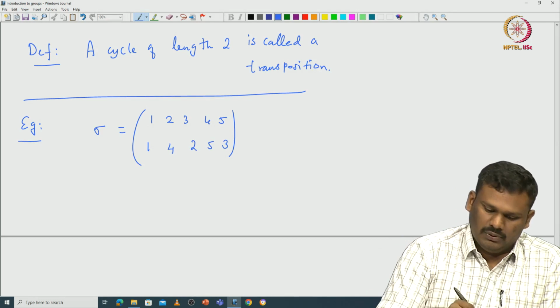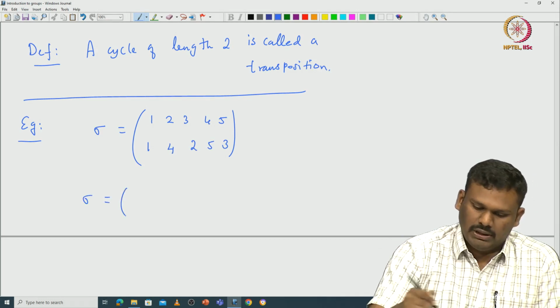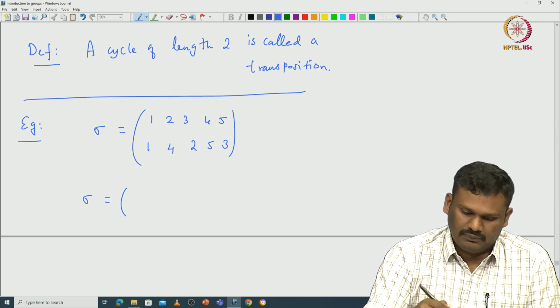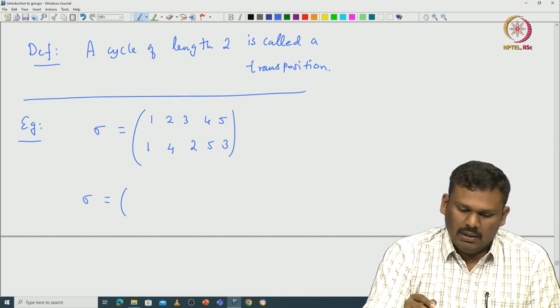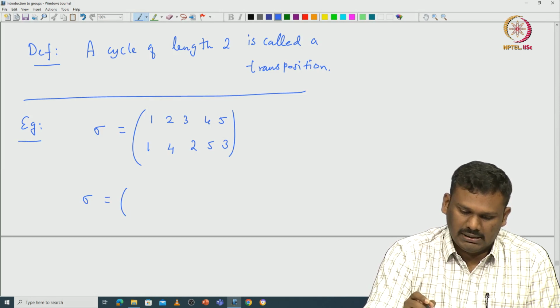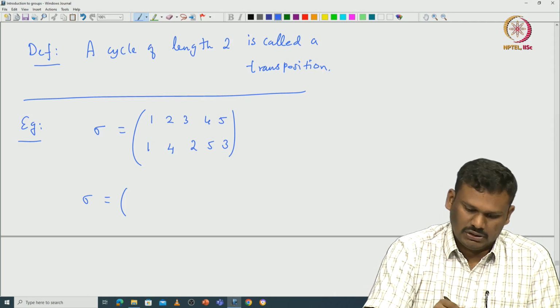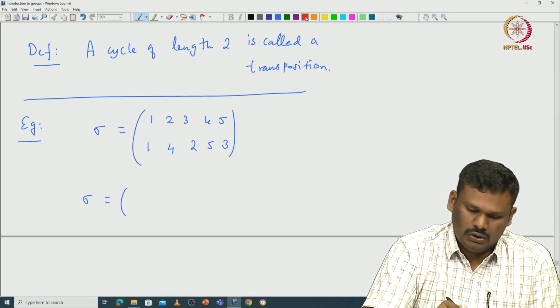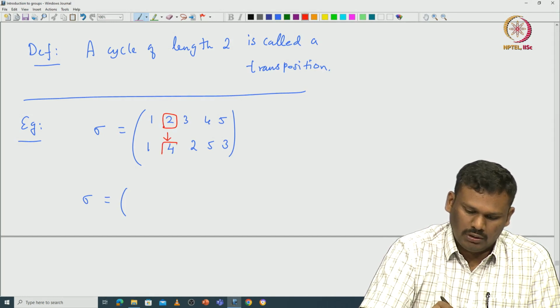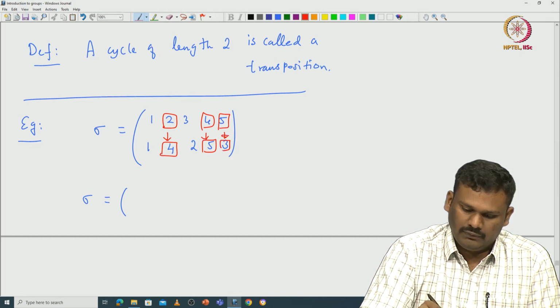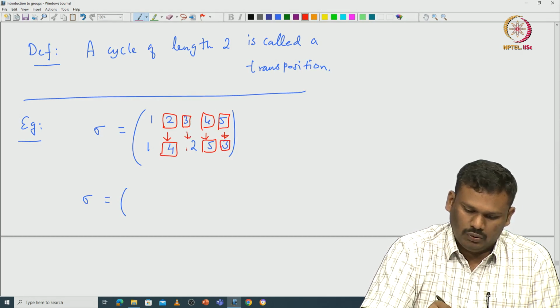Then you can see that 1 is mapped to 1, so sigma does nothing on 1, but on all other indices it permutes them cyclically. 2 is mapped to 4, 4 is mapped to 5, 5 is mapped to 3 and 3 is mapped to 2.